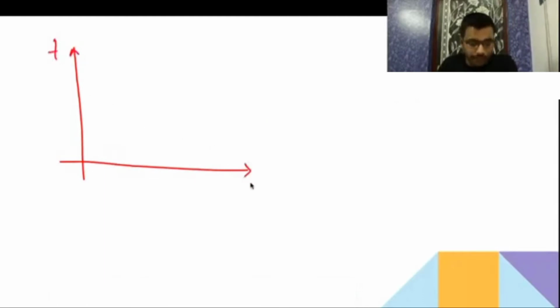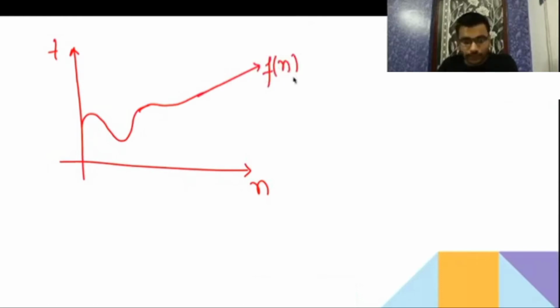Here it will grow with n, the input. So if your function is growing like this, this is your function f(n).